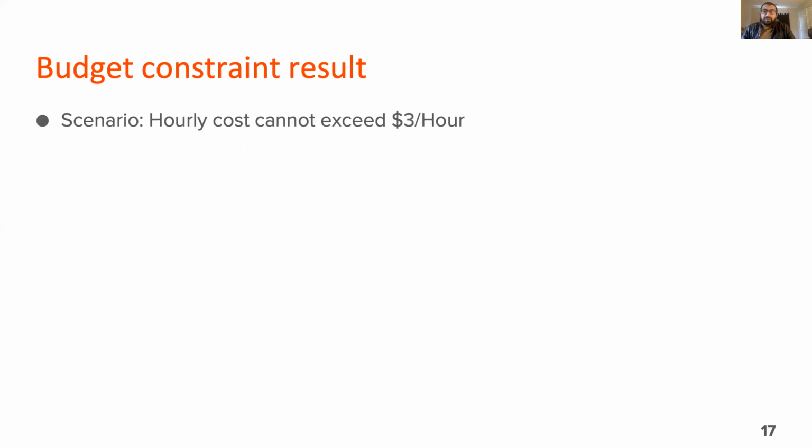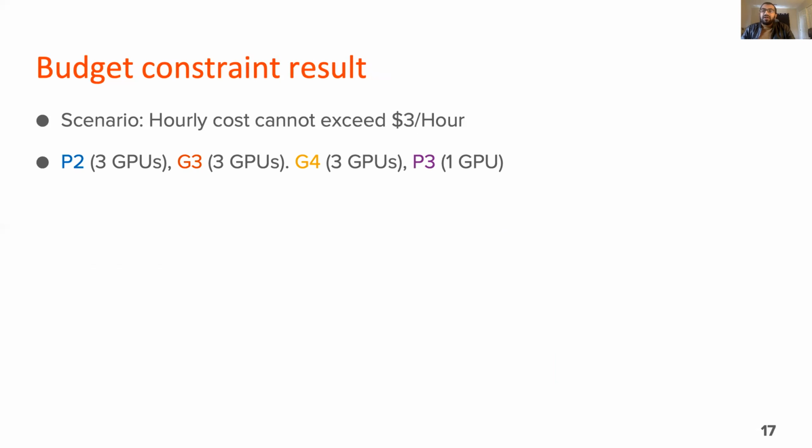Here is another result for the case when we don't want our budget to exceed $3 an hour. Within $3 an hour, we can either get 3 GPUs of P2, or 3 GPUs of G3, or 3 GPUs of G4, or 1 GPU of P3. The graph below shows comparison of the above 4 configurations for 4 different models.